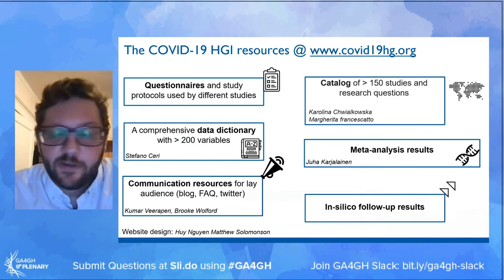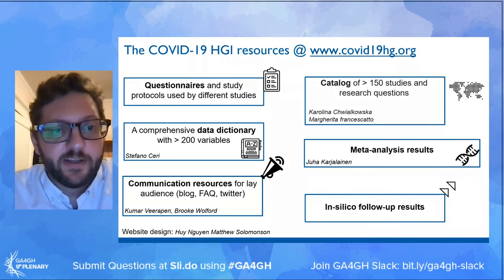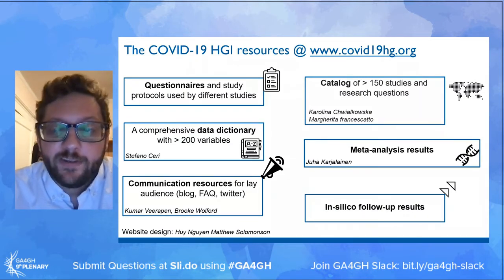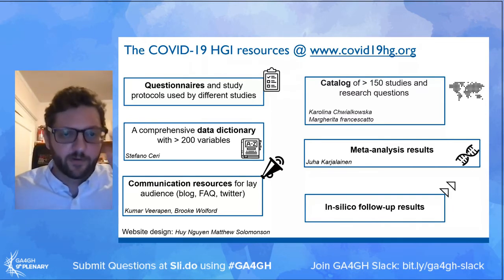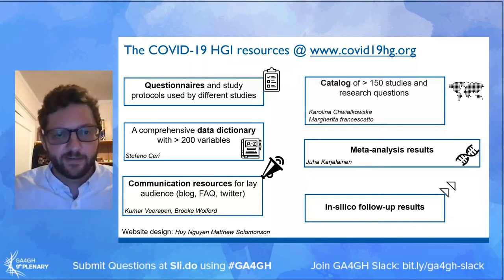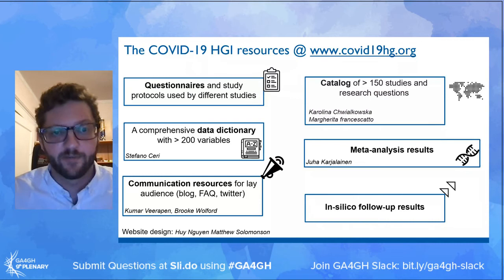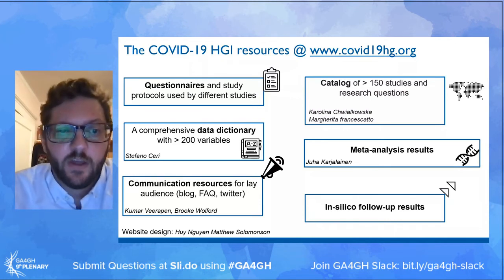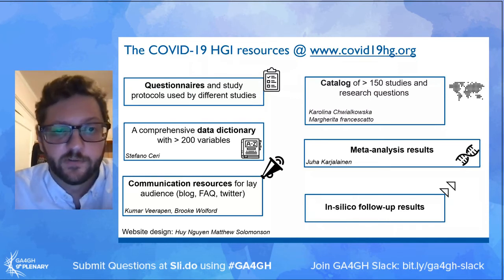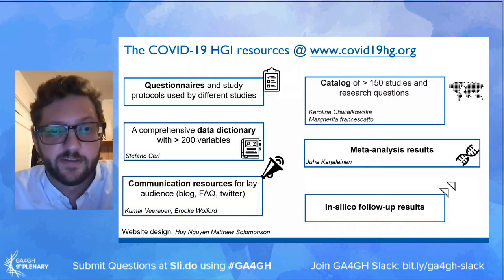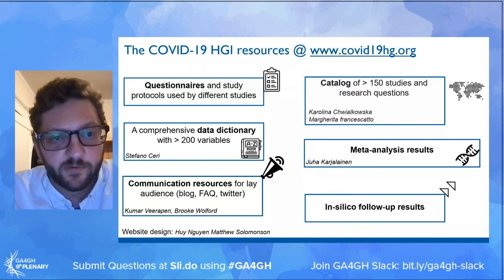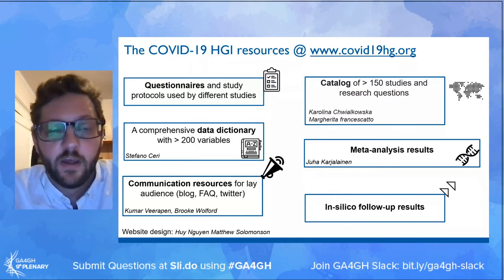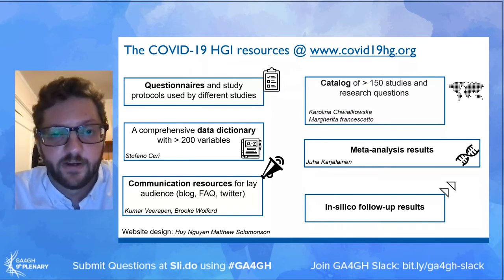As part of the service to the community and part of our approach, we take a big tent philosophy. We've aggregated together a great many different cohorts. And in that process, we've also built out resources for what different questionnaires and study designs and protocols people have used to probe and interrogate the human genetic contribution to variation in COVID susceptibility and severity.